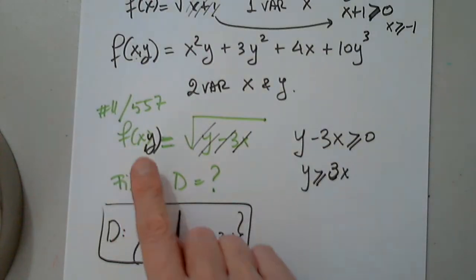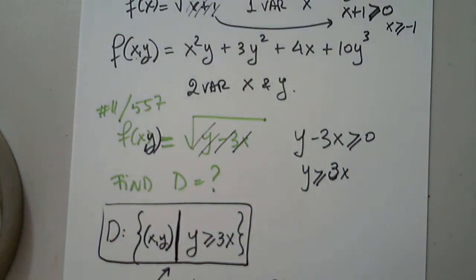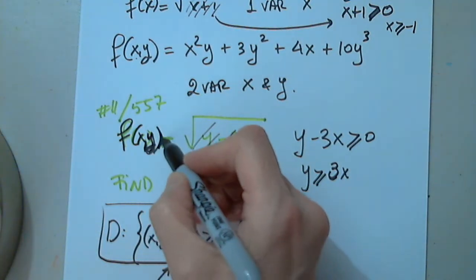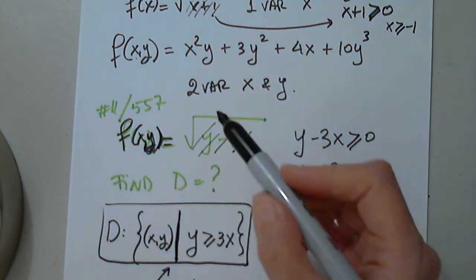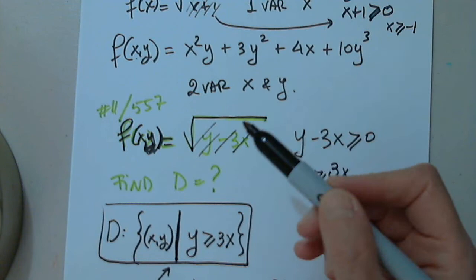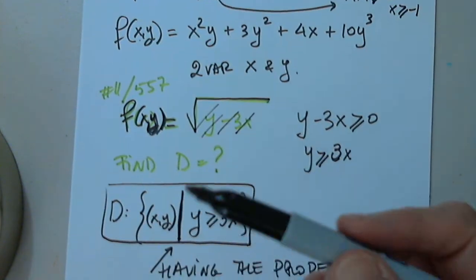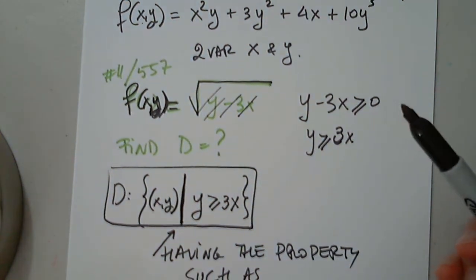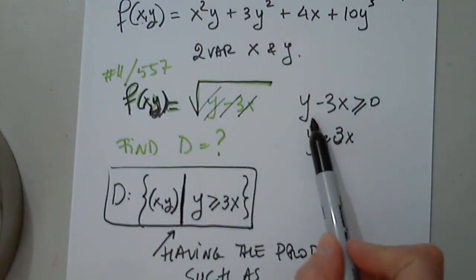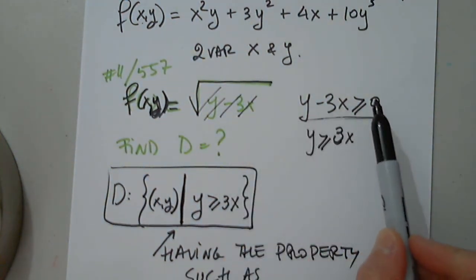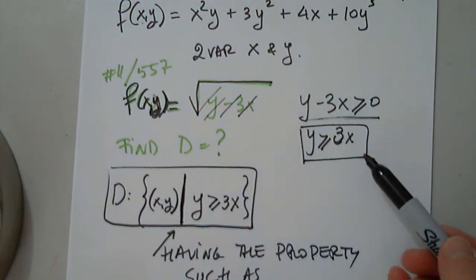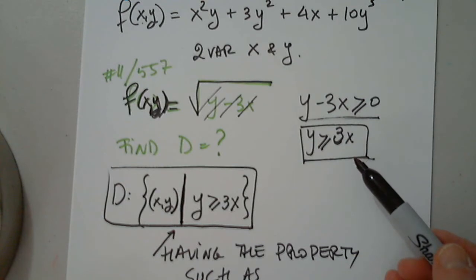So this function has two variables, f of x comma y, and this function is the square root of y minus 3x. The domain of this function has to fulfill the same rules as before. Y minus 3x has to be greater than or equal to 0. Move 3x, I get this inequality. I can't solve it. It has two variables.